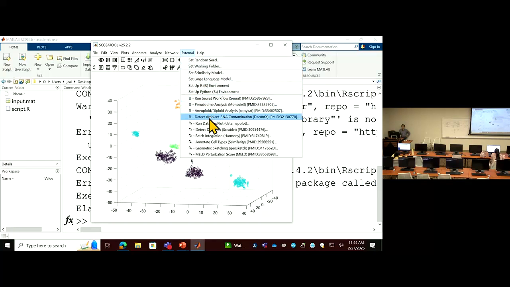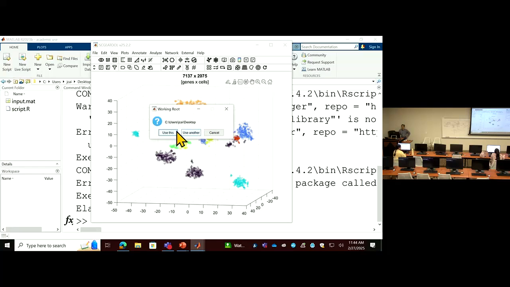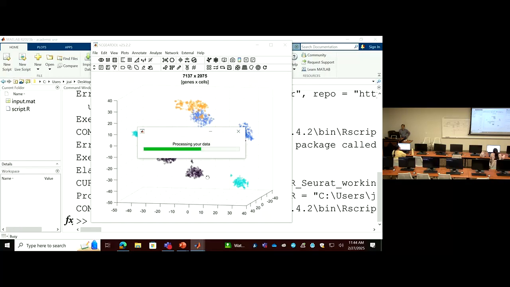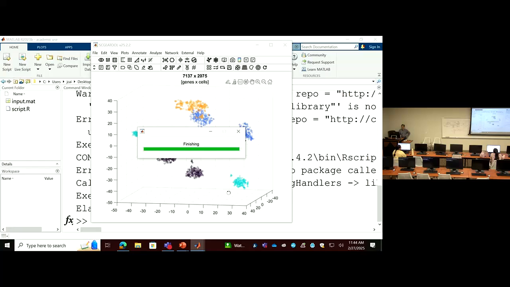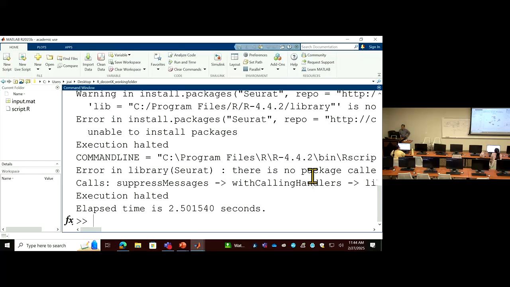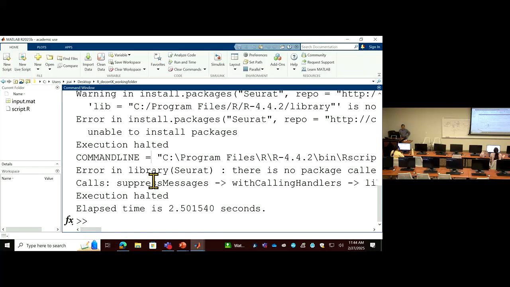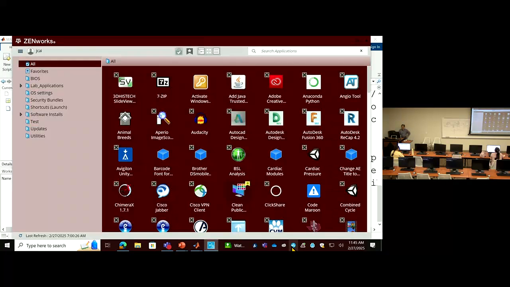Yeah, so I need to install this package, Seurat maybe. Something is wrong with my installation. There's no package set up, so we need to set up this R environment.